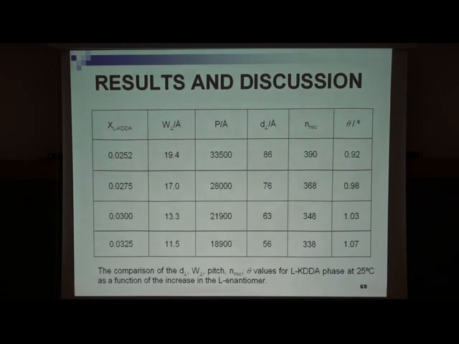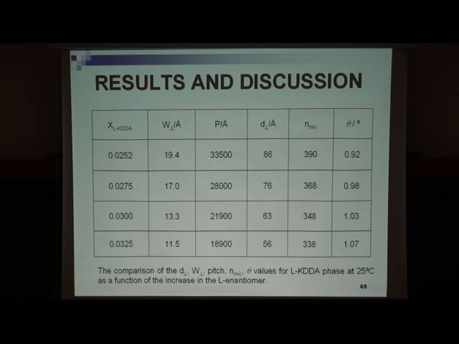Okay, this is the results for the L-alanine system. If we increase the concentration of the L-alanine system, the D value decreased, the micelles also decreased, and the twist angle increased, because as I showed before, as we increase the concentration of the enantiomer, the helical pitch got smaller.